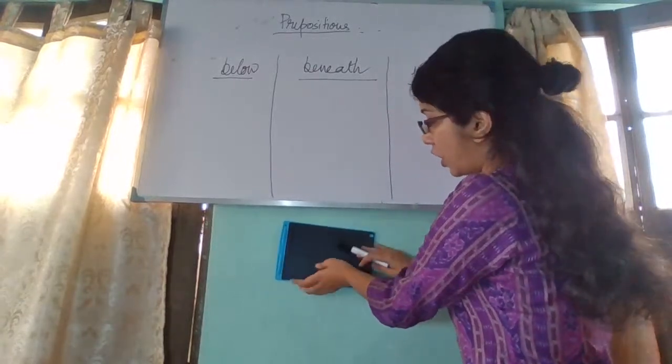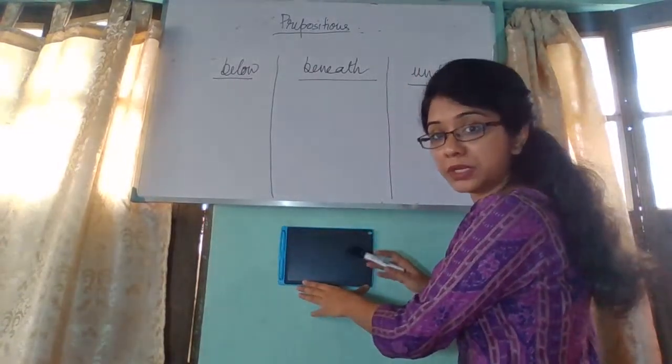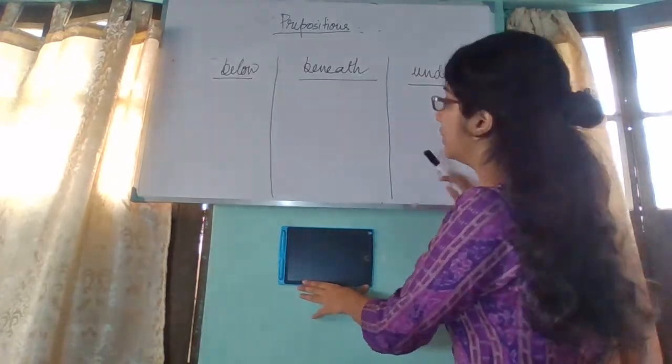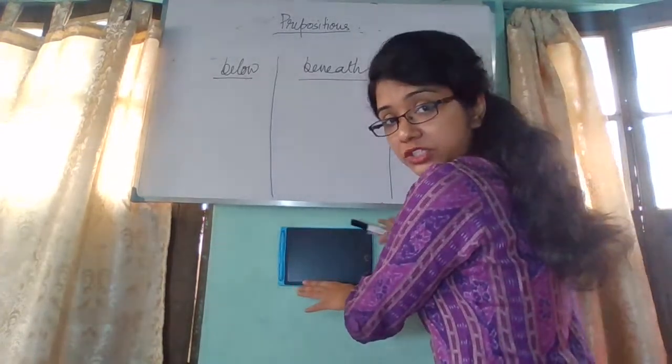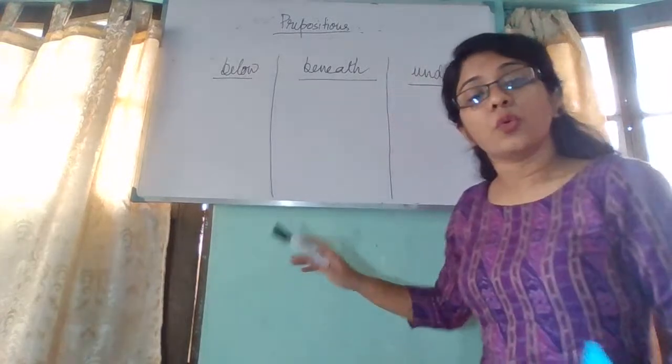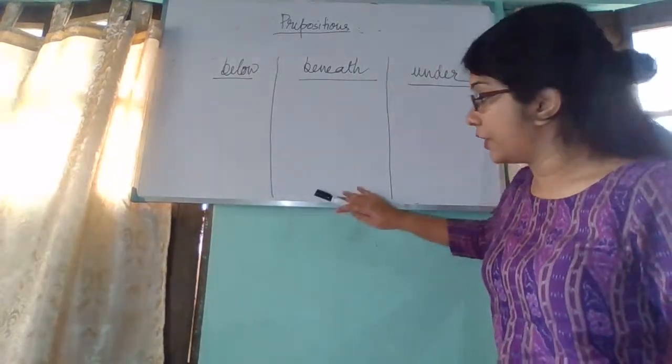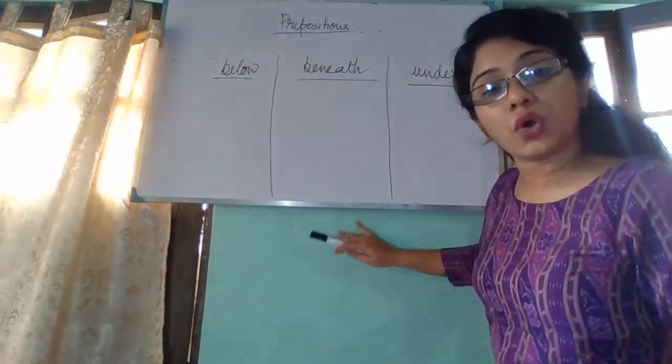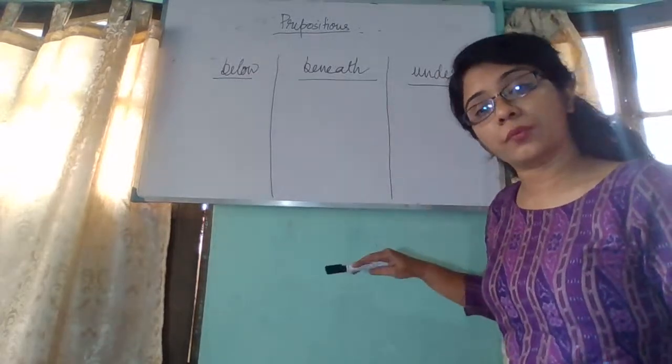Then we will call that the digiboard is below the whiteboard. The whiteboard is above the digital board. Got it? So when the surface is the same for two things, then we call it above or below.